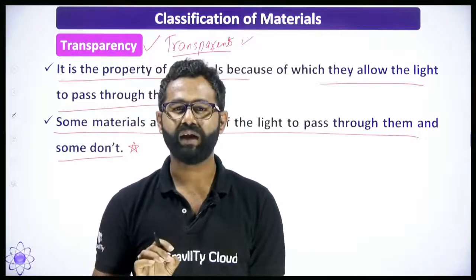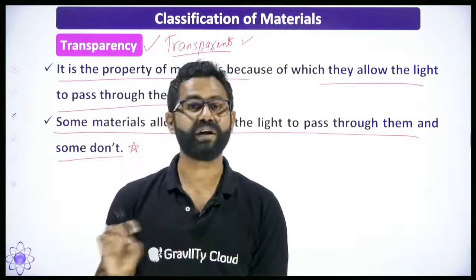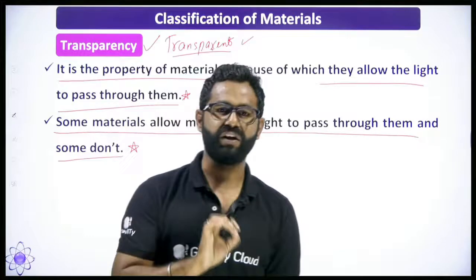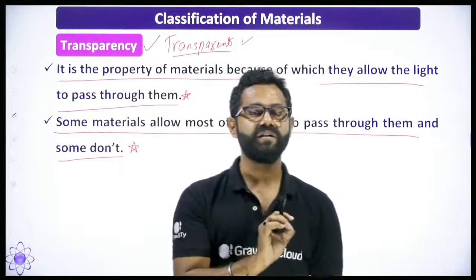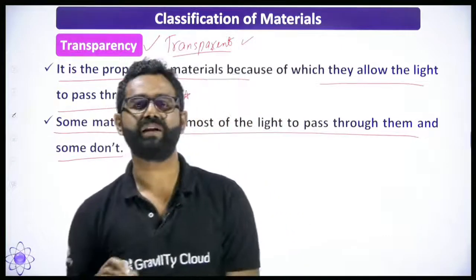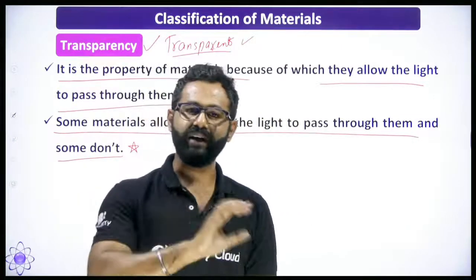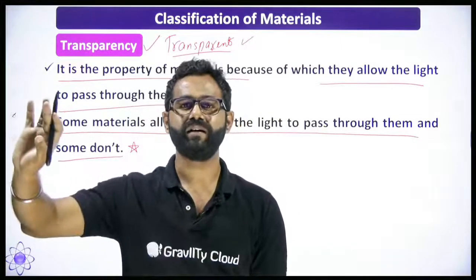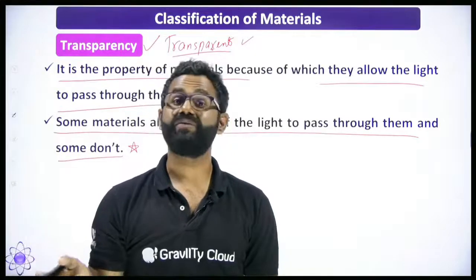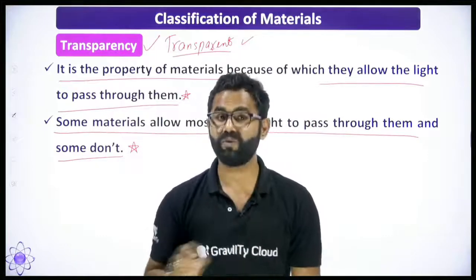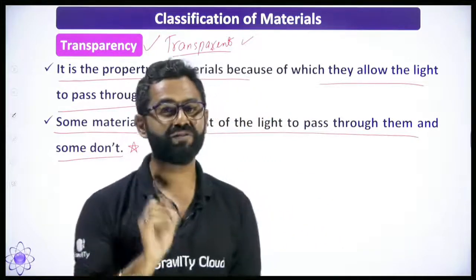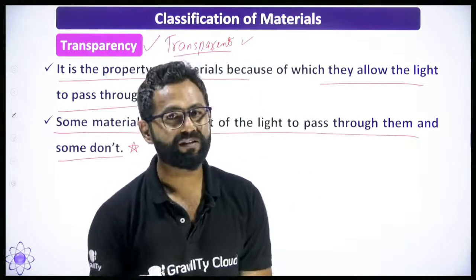Some materials will be more transparent, some will be less transparent. Now it all depends upon the amount of light that they allow to pass through the material. If they allow the light to pass through it totally, it is transparent. And if they do not allow the light to pass through the material, it is less transparent or opaque.